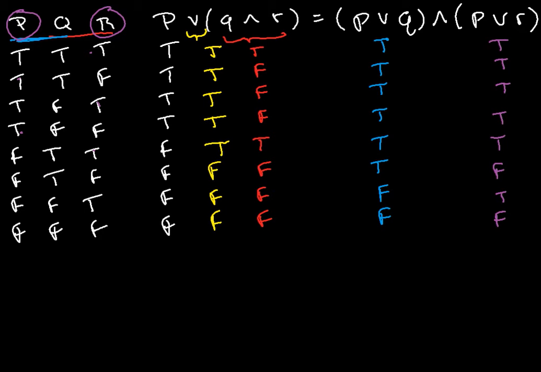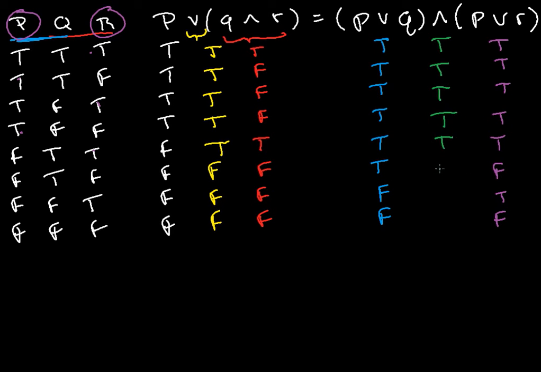All right, now we're just going to finish up by comparing this column with this column under the AND operator. Anything with 2 trues in it is true. Everything else is false. So we see this is true, true, true, true, true.